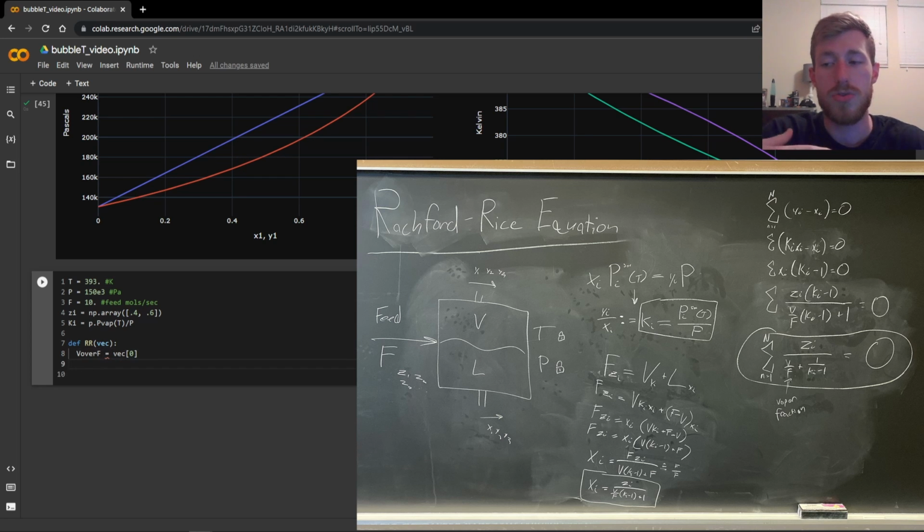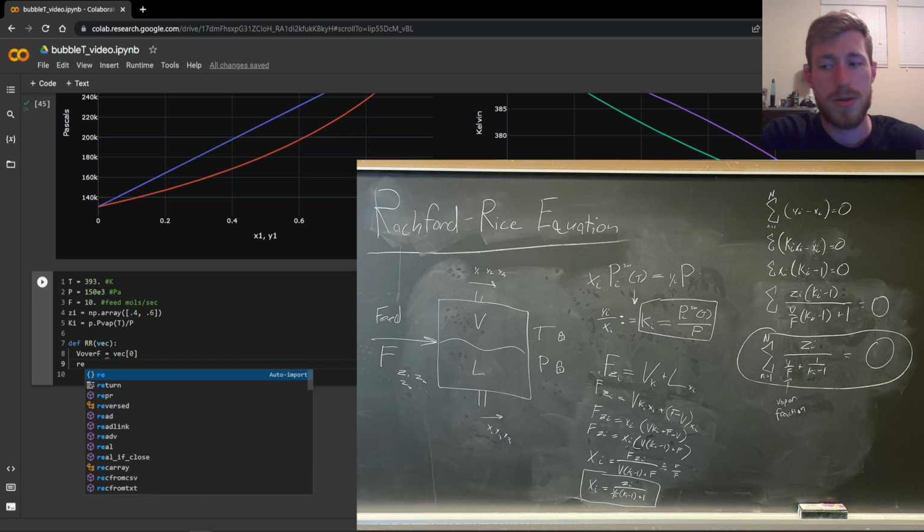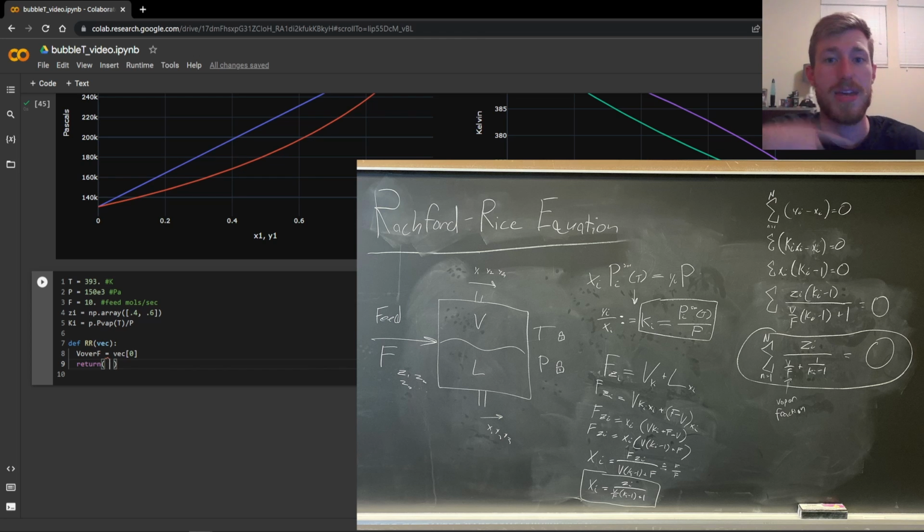So then we just need to return the Rachford-Rice equation in terms of V over F, which again is going to be iteratively whittled down to the correct answer. Pardon me. So what do we need to be equal to 0? Well, we need it to be Zi divided by the sum, so np.sum.